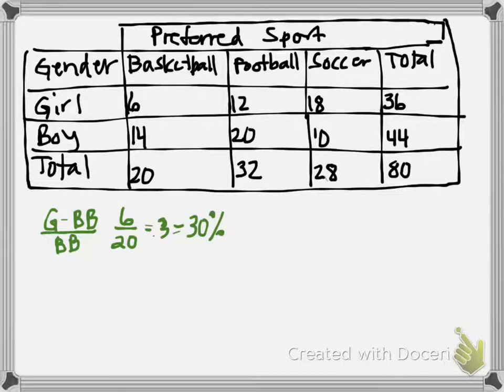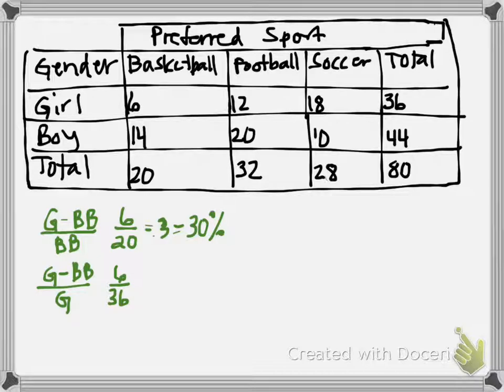Okay? Now, if I wanted to do a girl who chose basketball and I wanted to see how she compared amongst all girls, now my numbers change, right? It's 6 over 36, which equals 1/6, which is, oh, what's that calculation? Hold on a second.